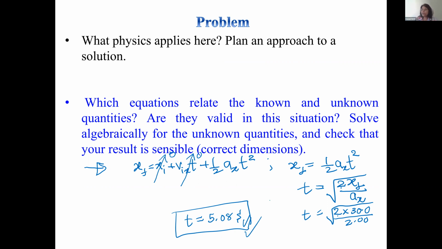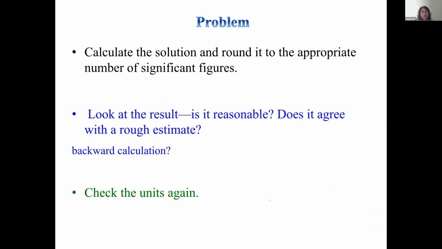Okay, so you can go back and plug the time into this equation and check that your x final is 30. That will give you more information, or your correct value, that you can double-check. You can do that yourself if you have time for the problem. Okay, so that is the way you need to solve the problem.